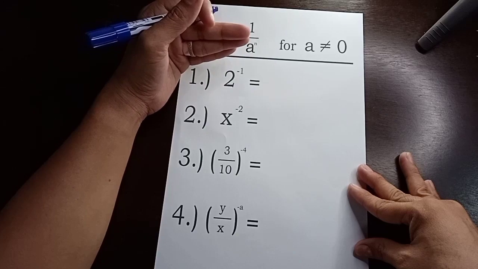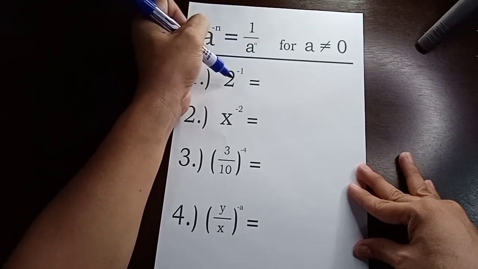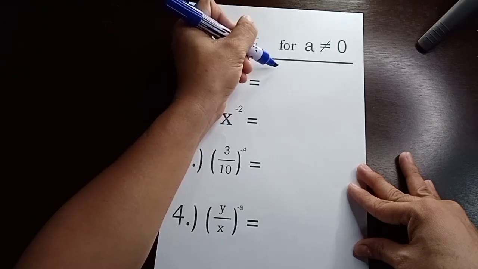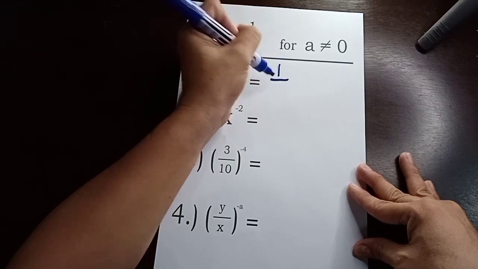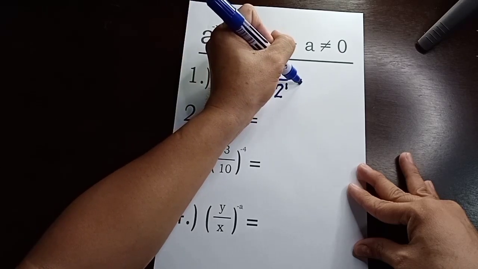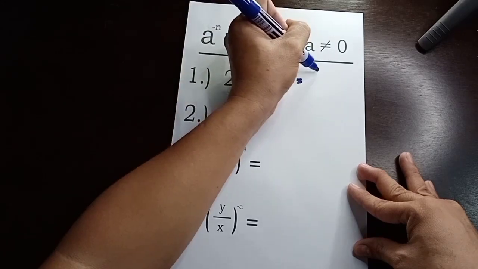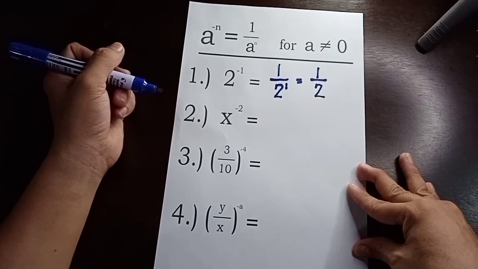Paano? Reciprocal form lang po. So, our example number 1, we have 2 raised to negative 1. So, we have 1 over 2 raised to 1, or simply 1 over 2.